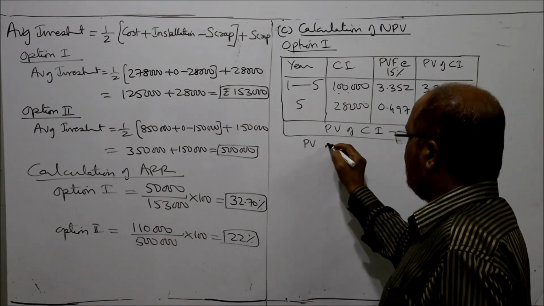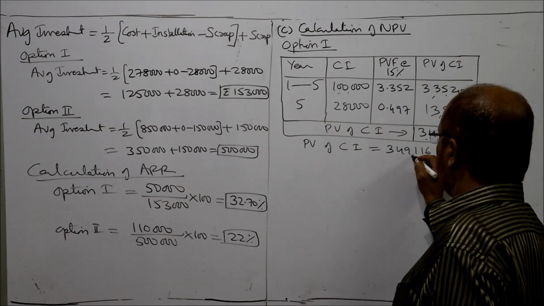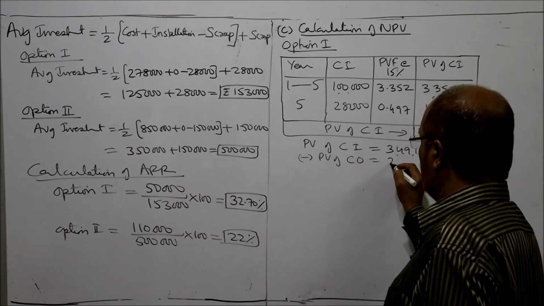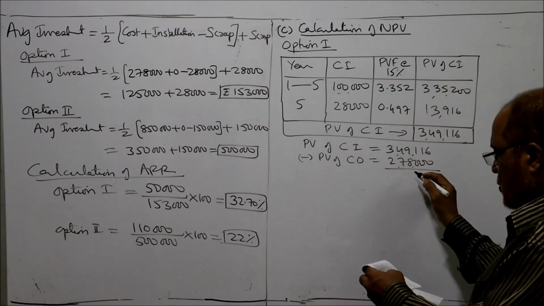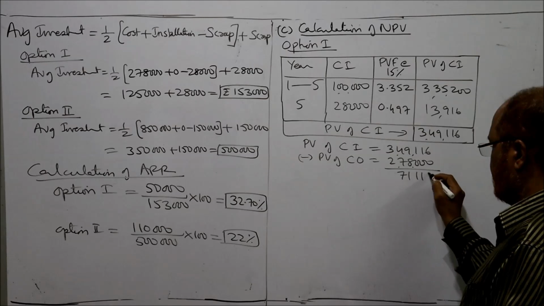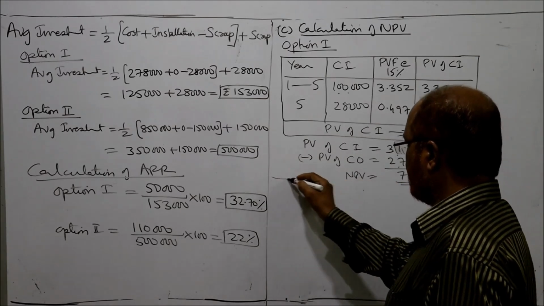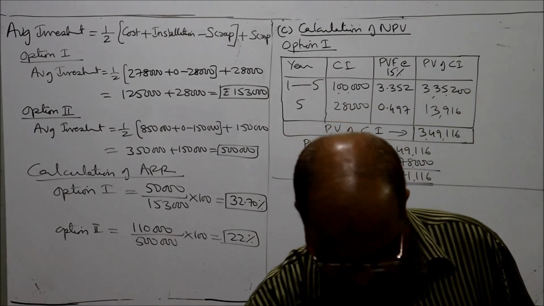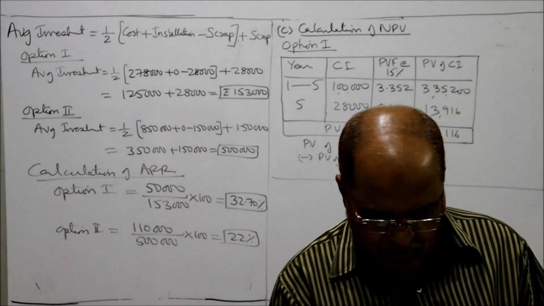Now PV of cash inflow 3,49,116 minus PV of cash outflow 2,78,000. So NPV is 71,000. First machine completed. Option 1 completed. Now we'll go for option 2.